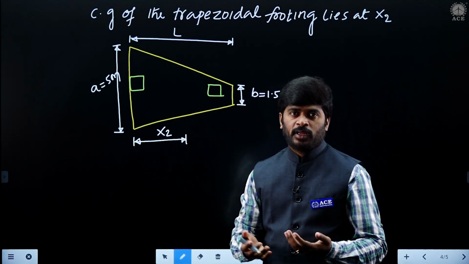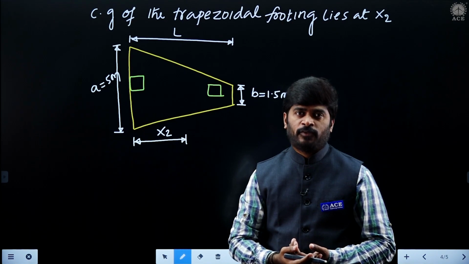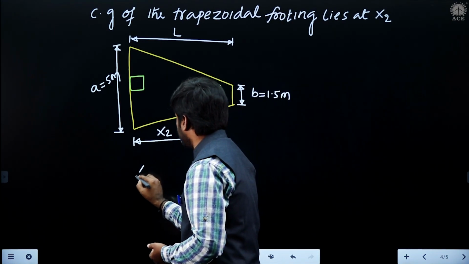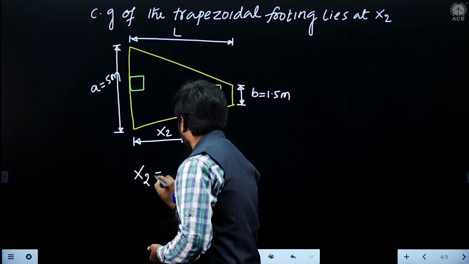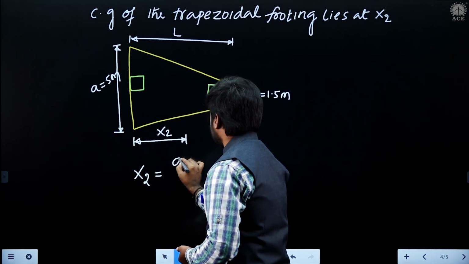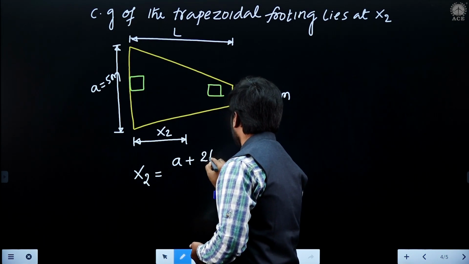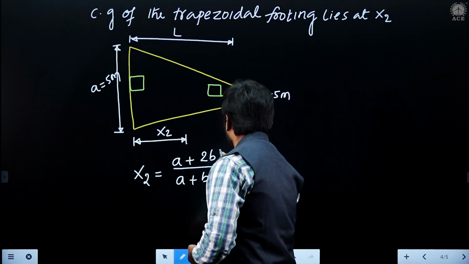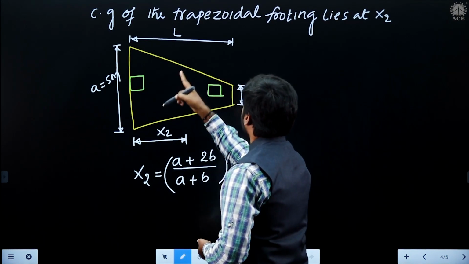We know the centroid formula for trapezoid, that is x2 is equal to (a plus 2b) upon (a plus b) into L by 3.